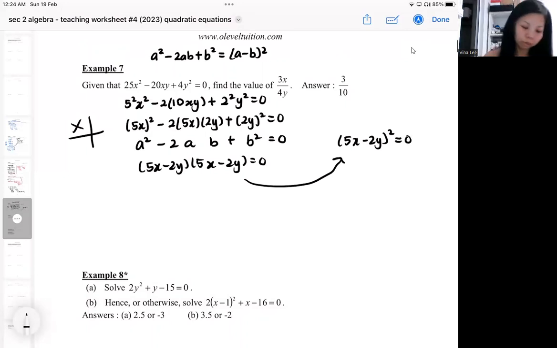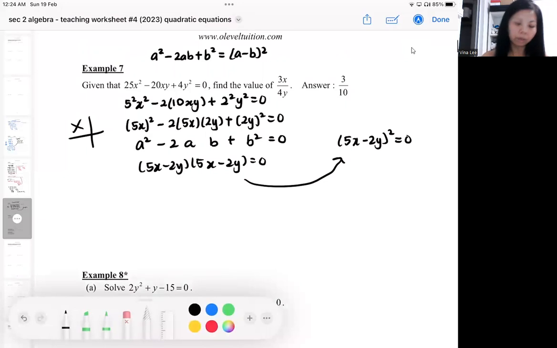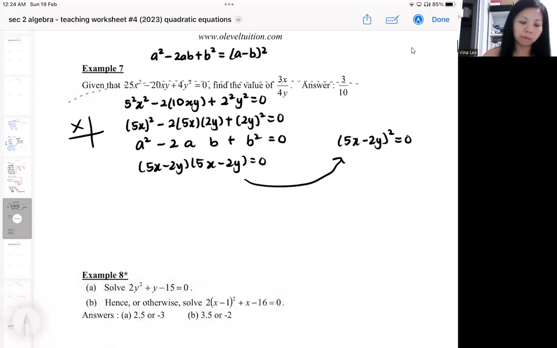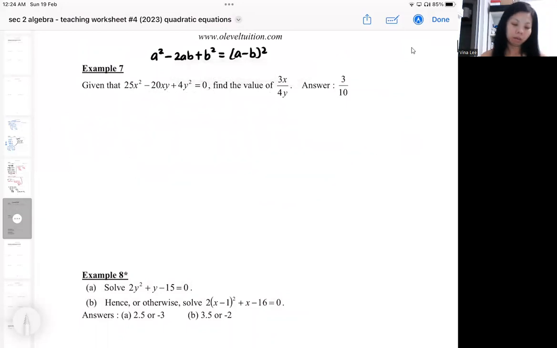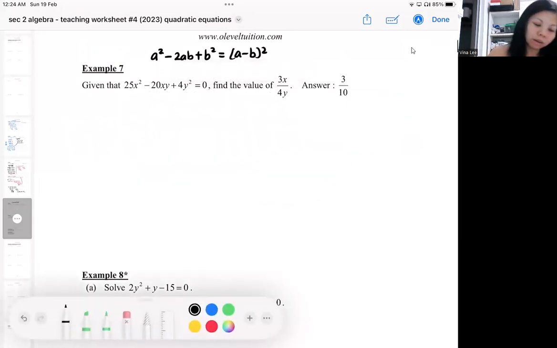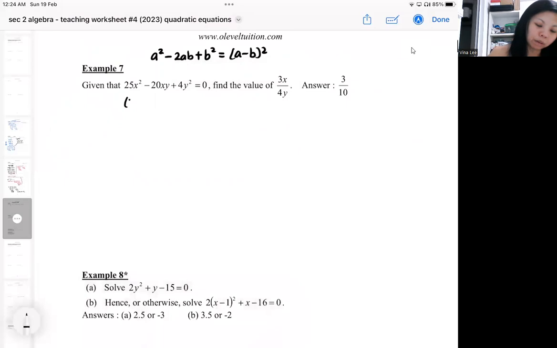So I leave it up to you. Will you be doing the cross factorize, multiplication frame, or using the identity? Whatever it is, you just need to be able to factorize.